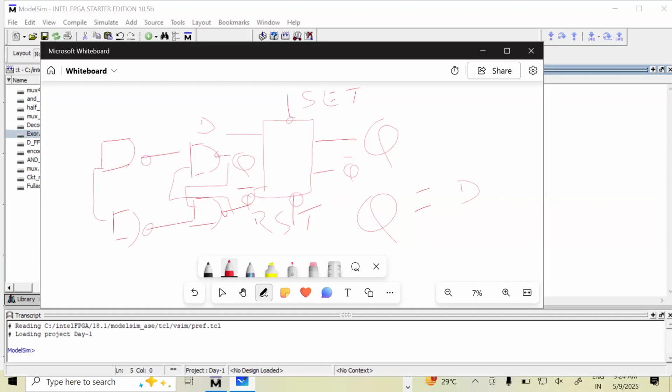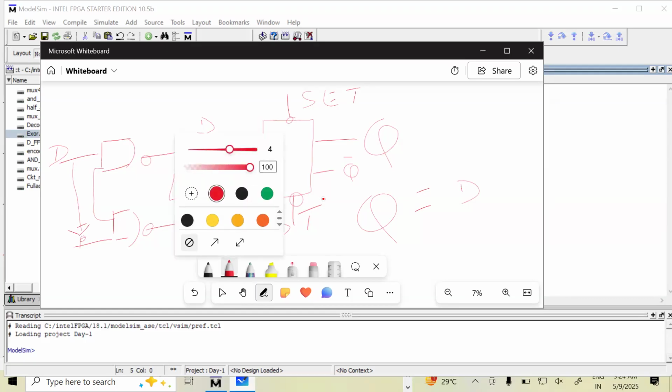You must be knowing. And they are connected using this. There is one NOT, and this is a T flip-flop. This is known as actually a T flip-flop. So overall, you need to design this circuit. You need to have this circuit.